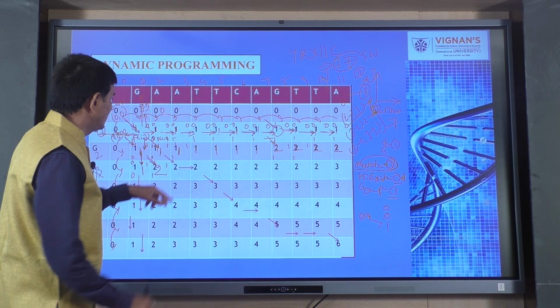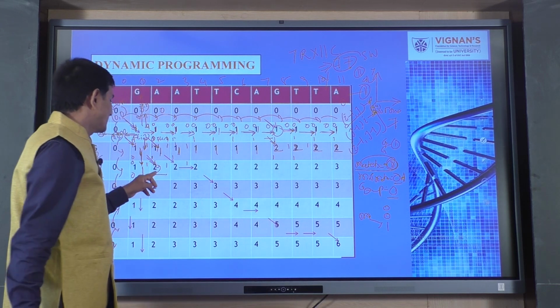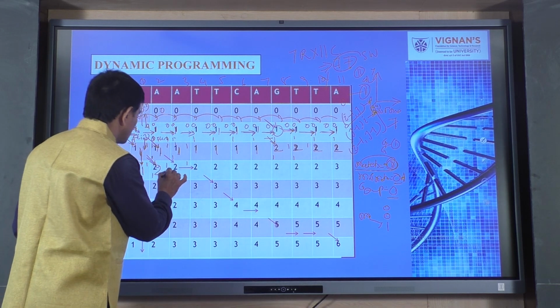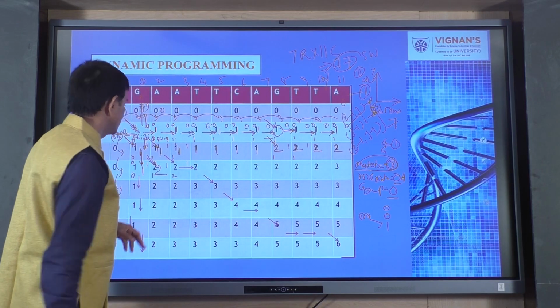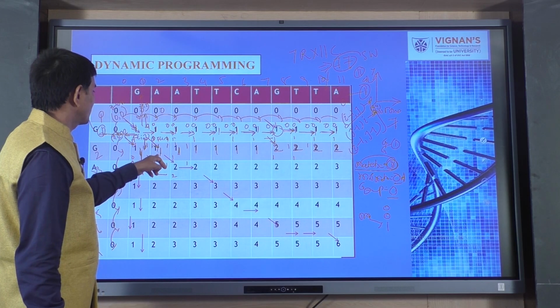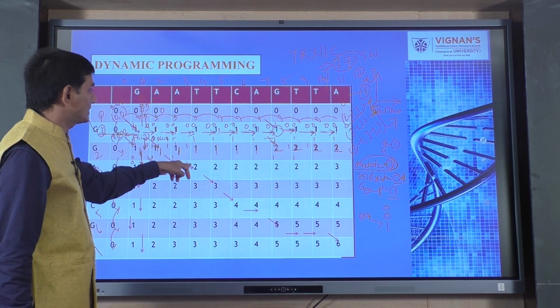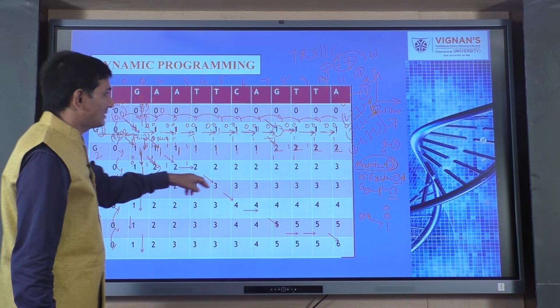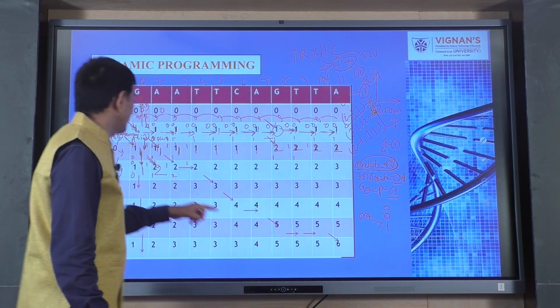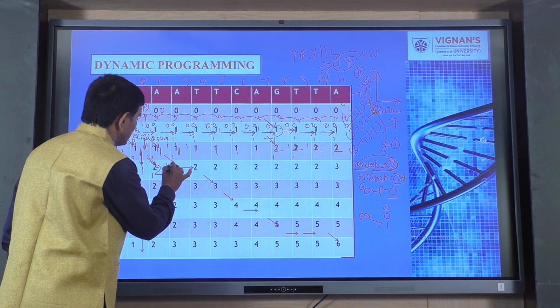So, coming to this cell, change in row 1, change in column I comma j minus 1 is 2. So, 2 minus 0 is 2, coming to this diagonal box. The value in the I minus 1 comma j minus 1 box is 1, row coordinate is A, column coordinate is also A. So, A versus A is matched, the positive value of 1. So, already the value in the diagonal box is 1. So, 1 plus 1 gives rise to 2.